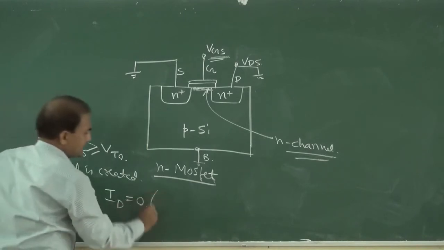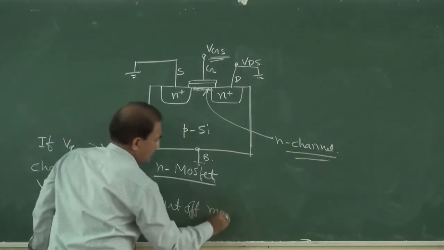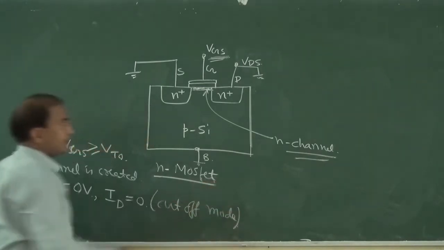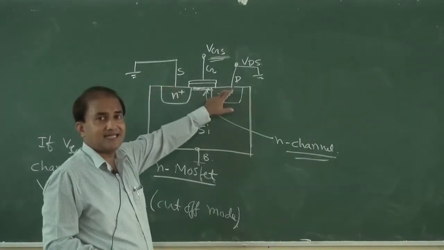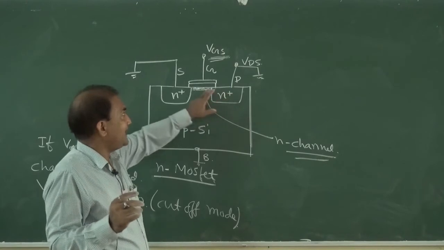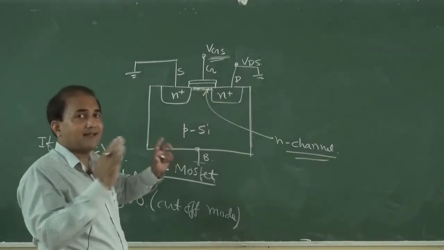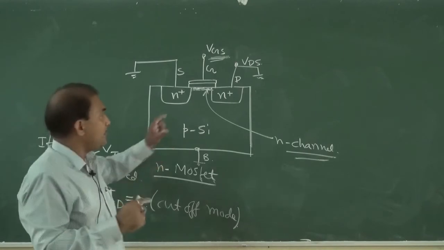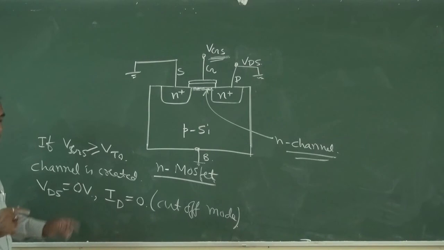So this is cutoff mode. If both are at the same potential, so VDS is equal to 0, then there will be no drain current between the source and the drain terminal. So ID here is equal to 0.